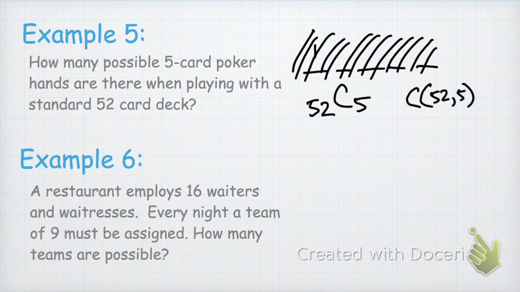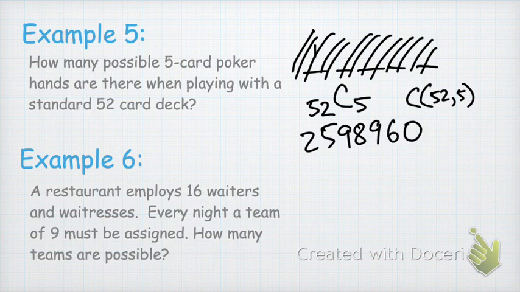Either way, I'm going to use a calculator for this one. So I'm going to go to the math menu and find my NCR option on my calculator and put 52 before it and 5 afterward. And whoa, that's a huge number. 2,598,960.